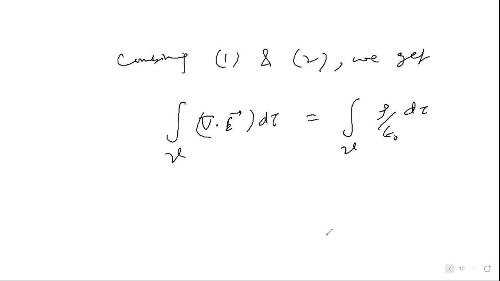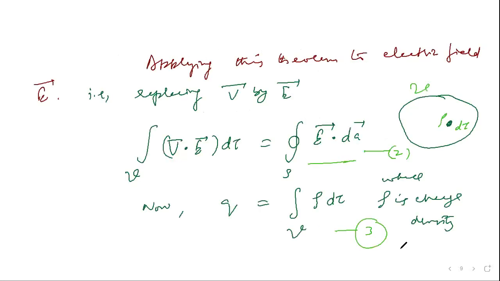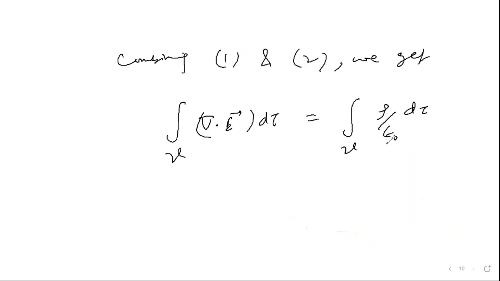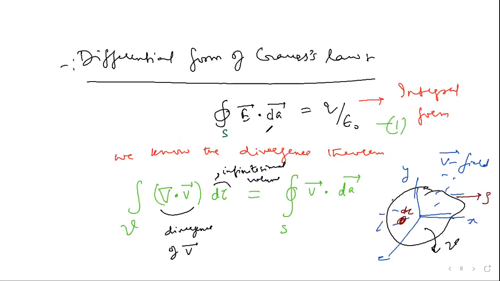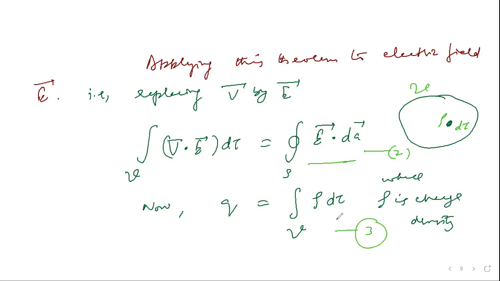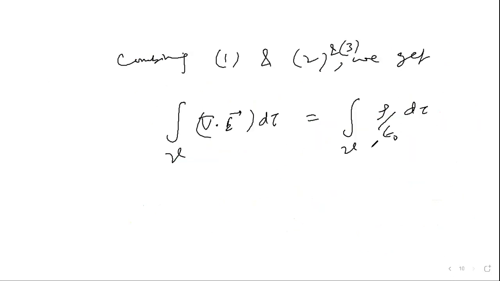I'm saying actually I have a third also. Let me write here. Combining first, second, and third. See how? First is saying the flux through the surface is Q by epsilon naught. Now third is saying that Q is equal to this, right? And therefore I can write this flux equal to rho by epsilon naught.